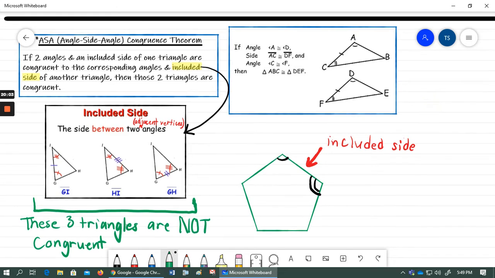So again, those two triangles there are congruent by the angle side angle congruence theorem. All right, moving on.